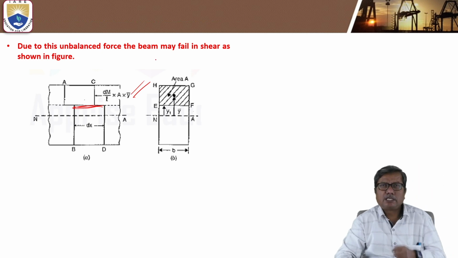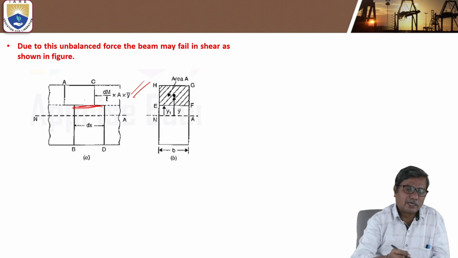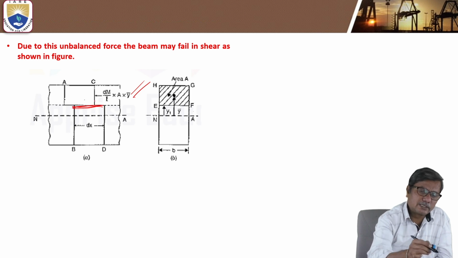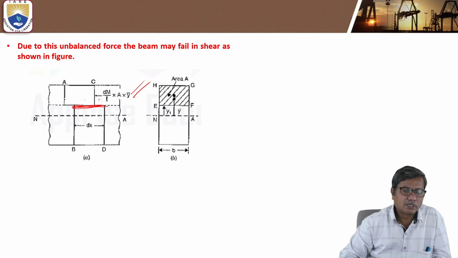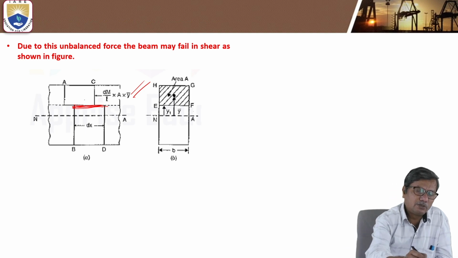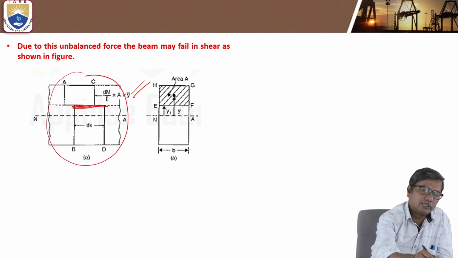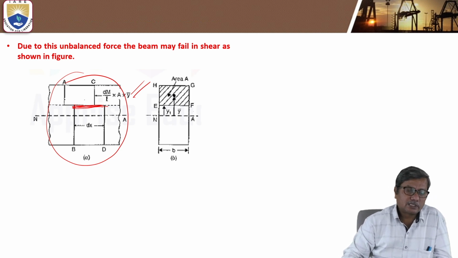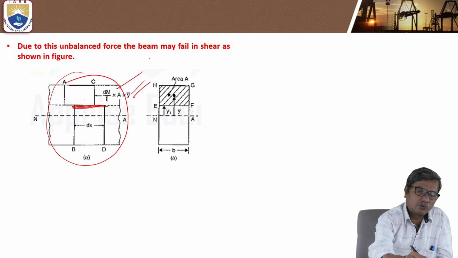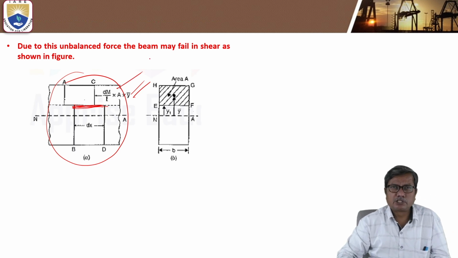If the shear resistance offered at this level is not enough, then the failure takes place as shown here. So we assume that the shear resistance is equal to the unbalanced force.